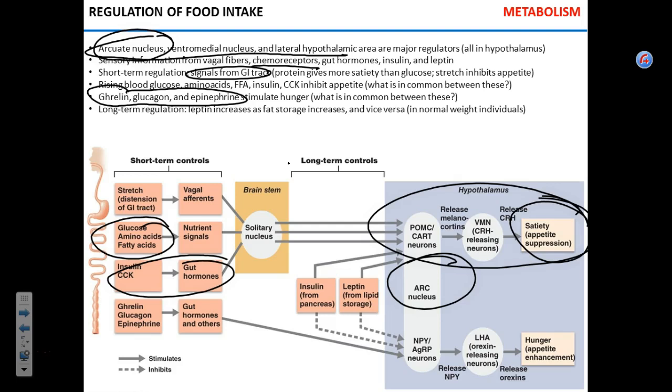And what's interesting, epinephrine and glucagon both will increase blood glucose. Remember we talked about it. Glucagon normally increases blood glucose, and epinephrine will increase blood glucose too. And cortisol will increase blood glucose too.